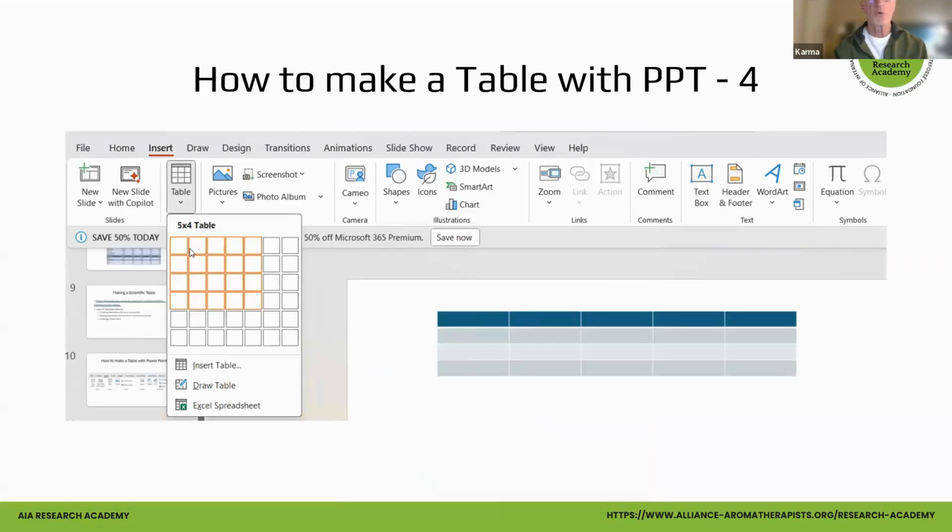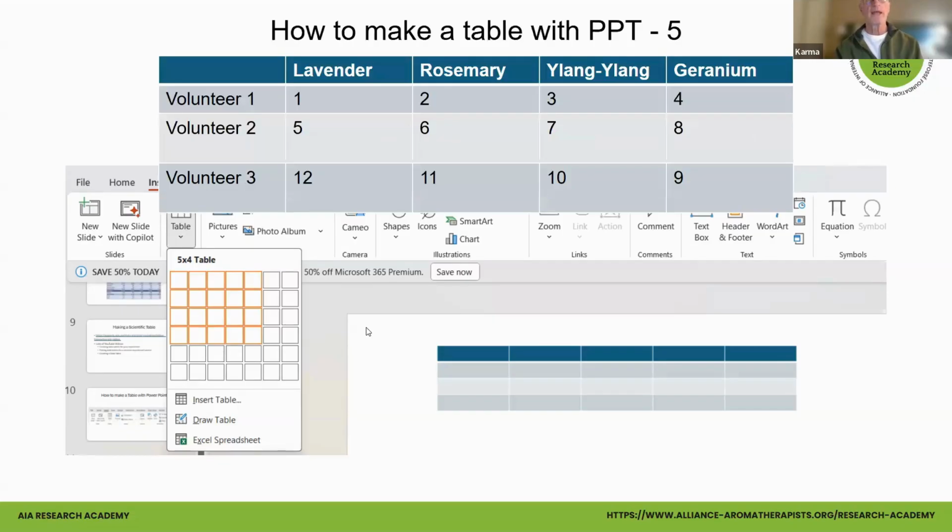That's because the 4th row is going to be for the title. So you have to add 1 more row than rows of data that you have. That's how to make a table. And here I've just entered some essential oils and made up some numbers and put volunteer 1, 2. These numbers mean nothing, but this is just how to do the table.